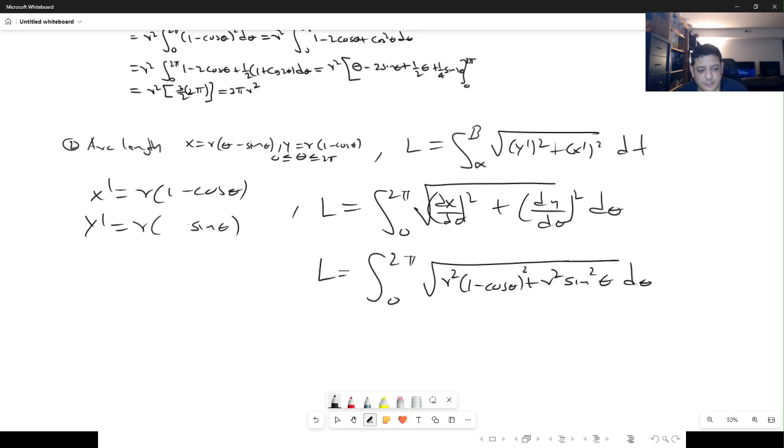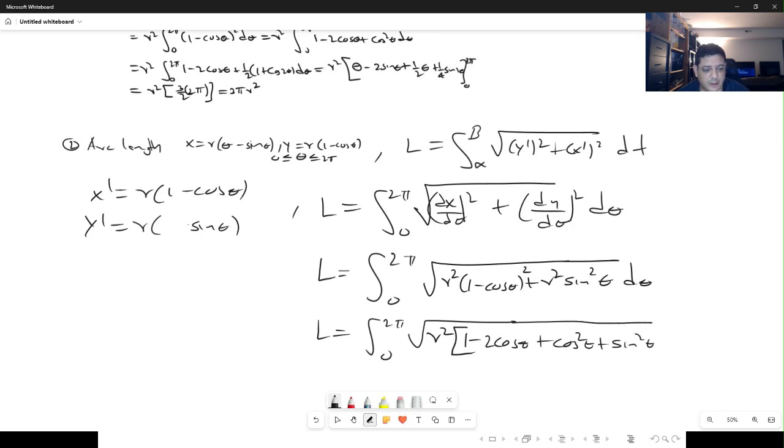And then you can break apart this difference here, this binomial square. We can factor out now the r squared, and this is 1 minus 2 cosine of theta plus cosine squared of theta, and then plus sine squared of theta. You can see that we have the main trigonometric identity here with cosine squared plus sine squared of theta, so this is going to become 1.